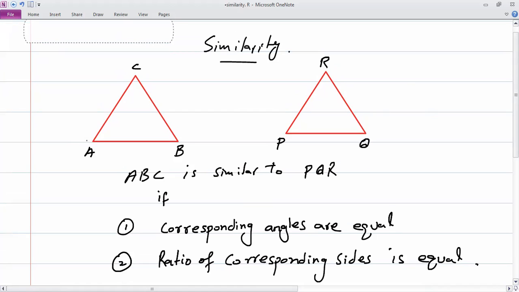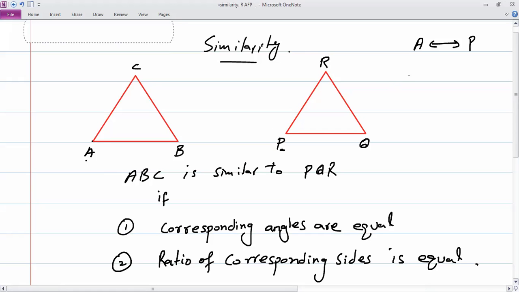Look at the picture. We have here vertex A. The same vertex that is coming in place of A in the other triangle is P. I can say A is corresponding to P. Why is A corresponding to P? Because the position of A and P is the same.